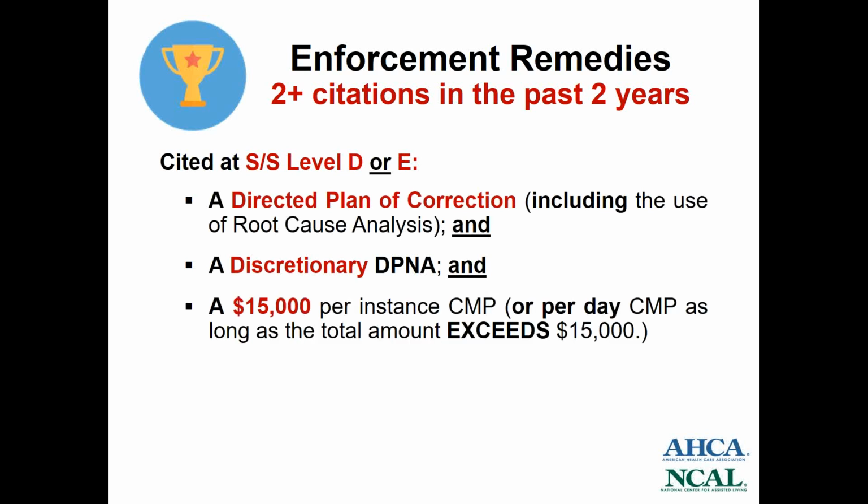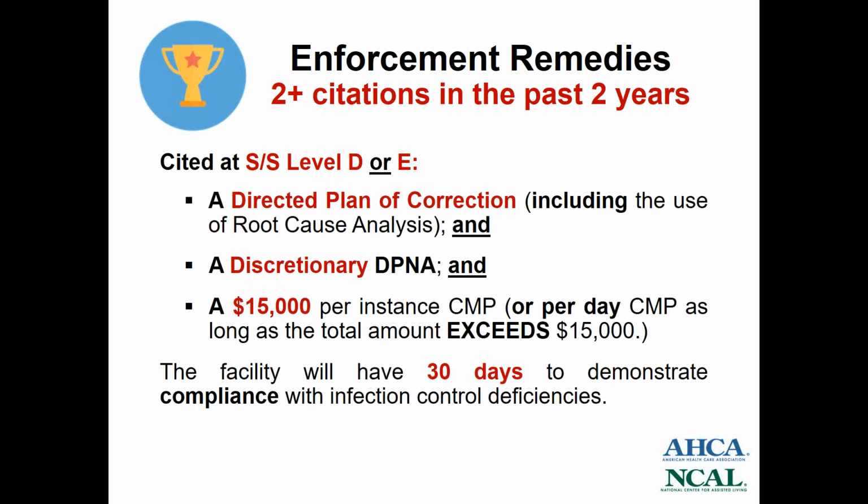You're going to have either a $15,000 per instance CMP, or you could have a per day CMP. If they're going to cite a per day CMP, then it has to be greater than $15,000. So if you've had 2 or more citations in the past 2 years, a D or an E, the minimum that you'll be cited for your civil money penalty will be $15,000.